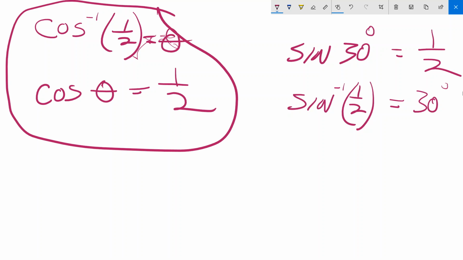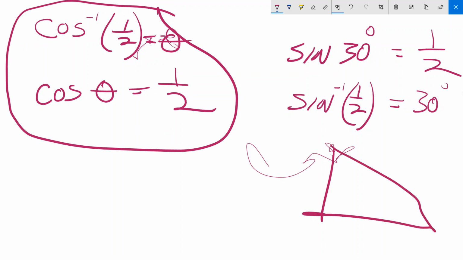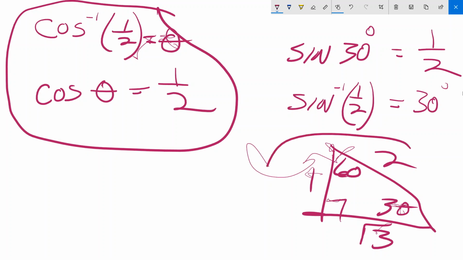So if you review your triangles, which angle is the cosine of that angle equal to 1/2? Looking at this picture over here, which one has the cosine of the angle equal to 1/2?